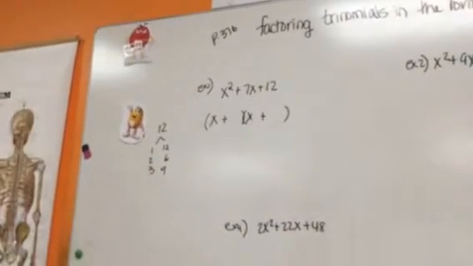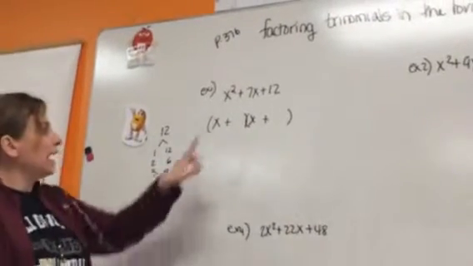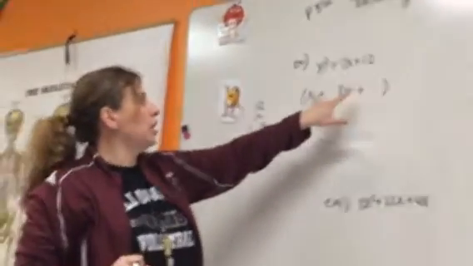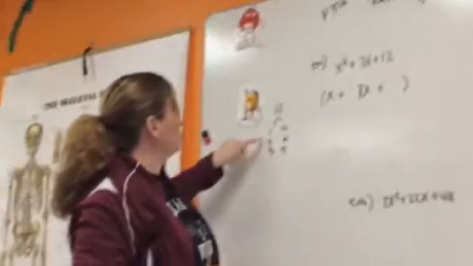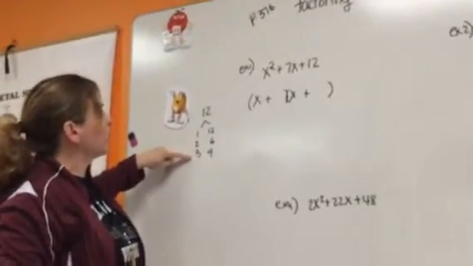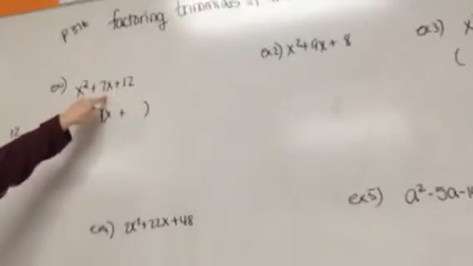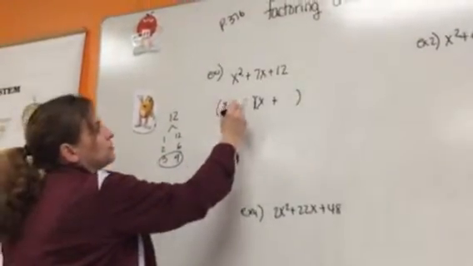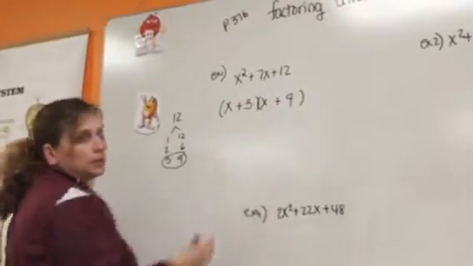Those are the factors of 12. Now, I'm going to be adding the two factors together. So I have to figure out which pair of numbers, if I add them together, gets the middle number, which is 7. Clearly, the answer is 3 and 4. So this becomes x plus 3 and x plus 4.